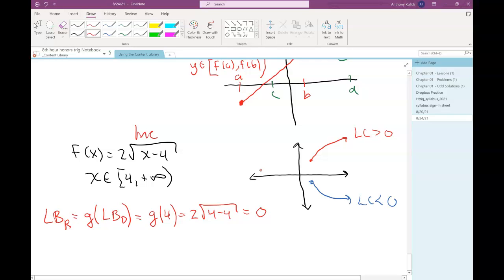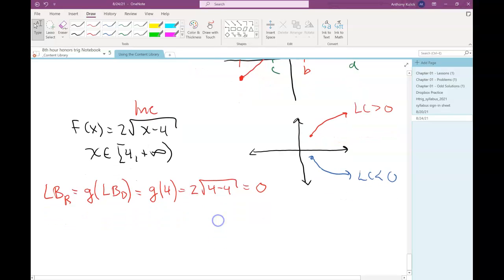Everybody okay with that? And the upper bound for the range is equal to g of the upper bound from the domain, which is positive infinity, which seems weird to plug into a function, and it is a little bit, but we're just going to use some common sense to evaluate this.